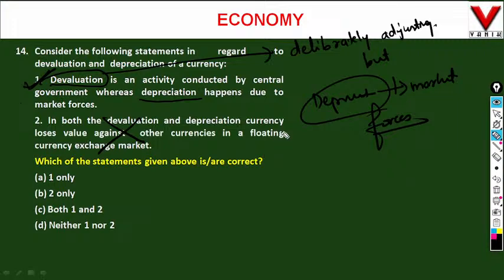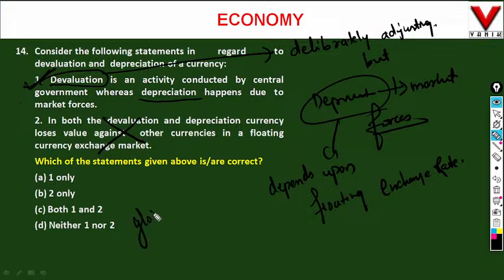What is the floating exchange rate? Depreciation depends upon a floating exchange rate, which means the global investment market determines the value of a country's currency.